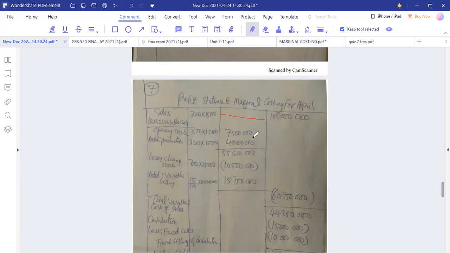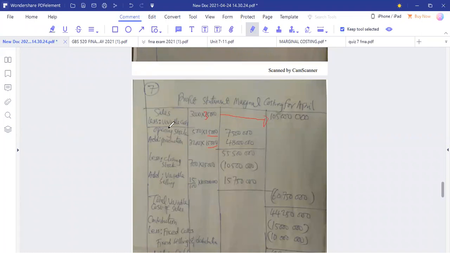This is 7,500. Then add production. So we are using 15,000 as variable cost. This is the variable cost per unit. All right. So the first one here, we are saying sales was 3,000 by 35,000. So it gives us this amount.